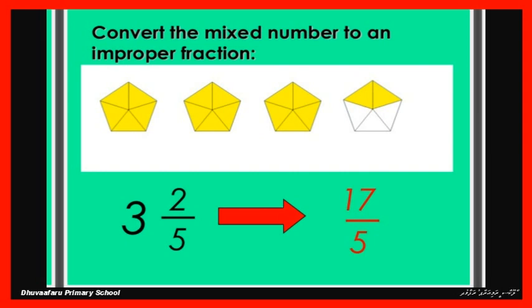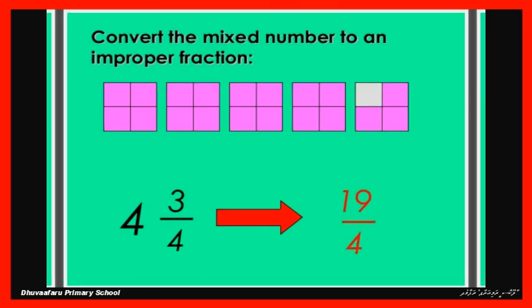So 3 2 by 5 changes to an improper fraction equal to 17 by 5. 4 3 by 4 changes to an improper fraction. 4 times 4 is 16. 16 plus 3 equals 19. So we have to write 19 in the numerator and 4 in the denominator. So 4 3 by 4 equals 19 by 4 as the improper fraction.